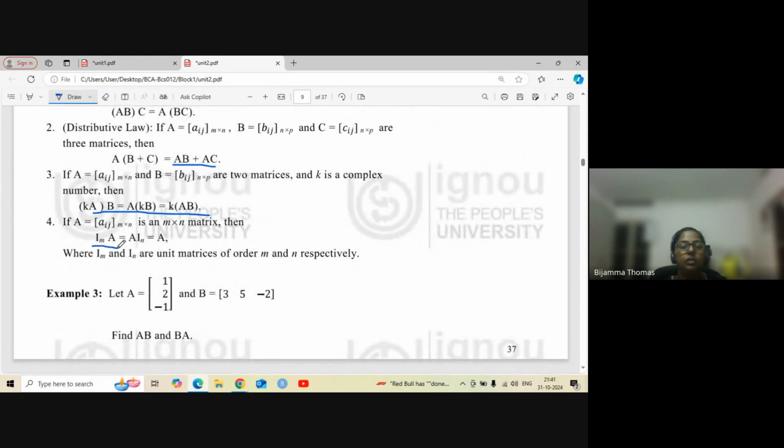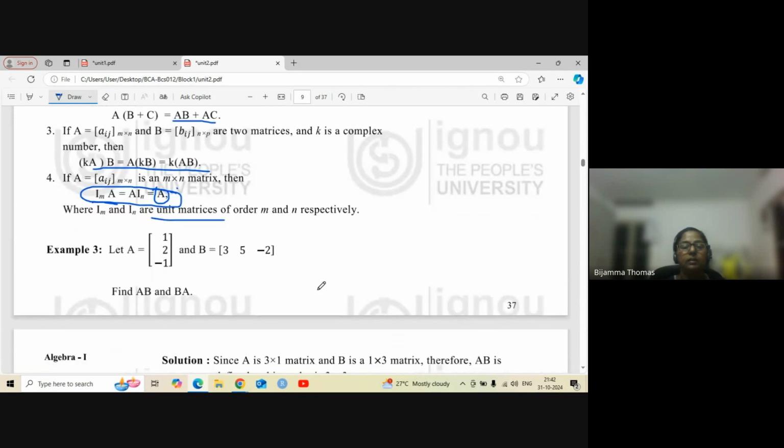A is of order M by N, where M is the number of rows. When we pre-multiply A by the identity matrix or unit matrix, it will be IM into A, which is again equal to A into IN, which is post-multiplication. So when the matrix is pre-multiplied or post-multiplied by the identity matrix, the matrix remains itself, right? There won't be any change for the matrix. Is it clear?